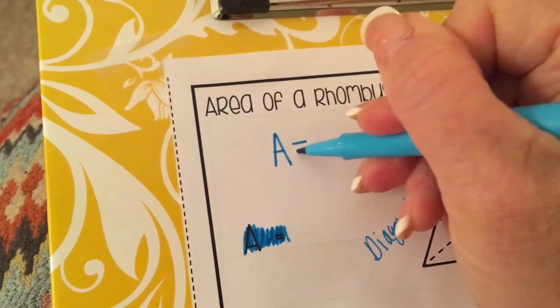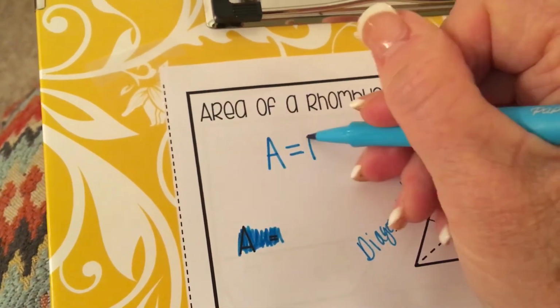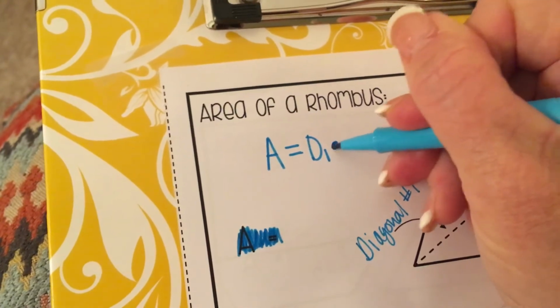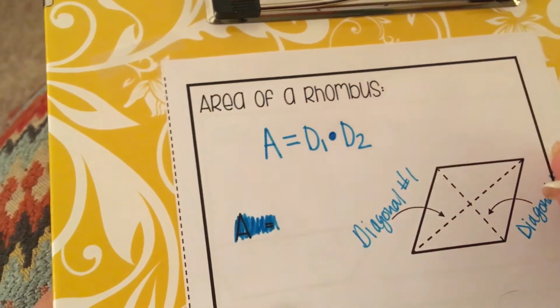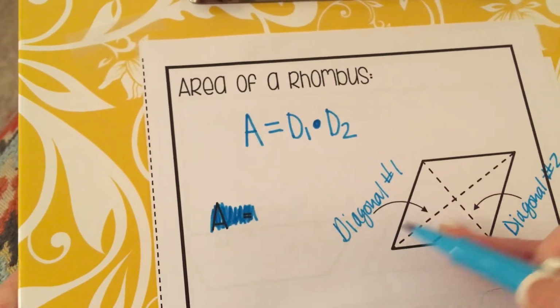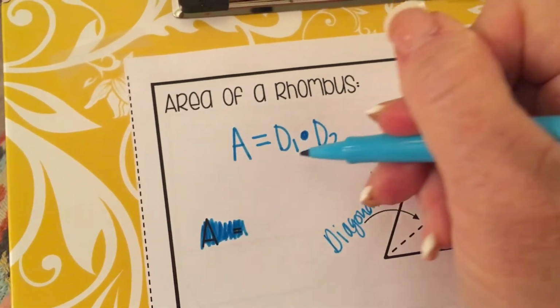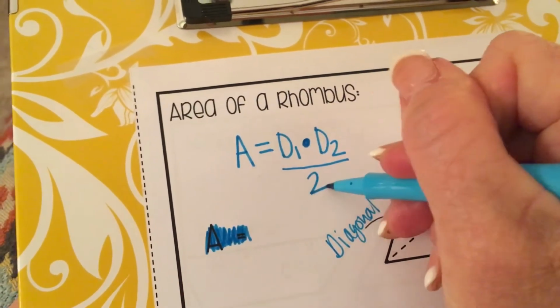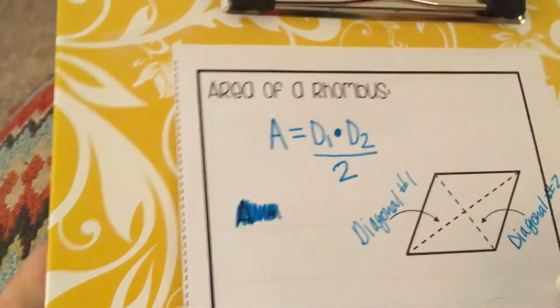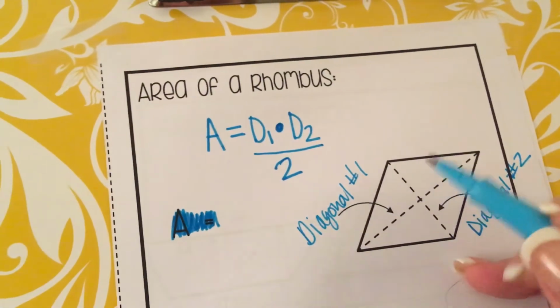The area of a rhombus equals diagonal number 1 times, we're going to use a dot for times, diagonal number 2. So this length times that length, and all of that, the product of D1 and D2 divided by 2. That's the formula to find the area inside here.